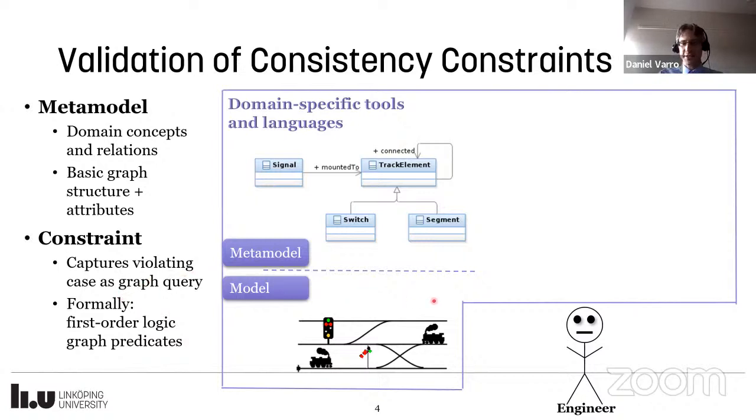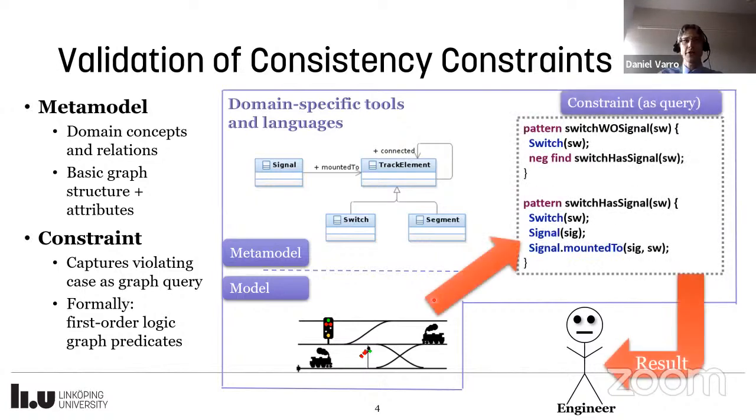Anyhow, in this context, these graph queries will be capturing violations of constraints. So if you know the constraint language OCL, the Object Constraint Language, then it captures the positive situation, what needs to be maintained. When we are using graph queries for capturing the well-formedness rules of a domain, we always formulate the cases which are the violating cases.